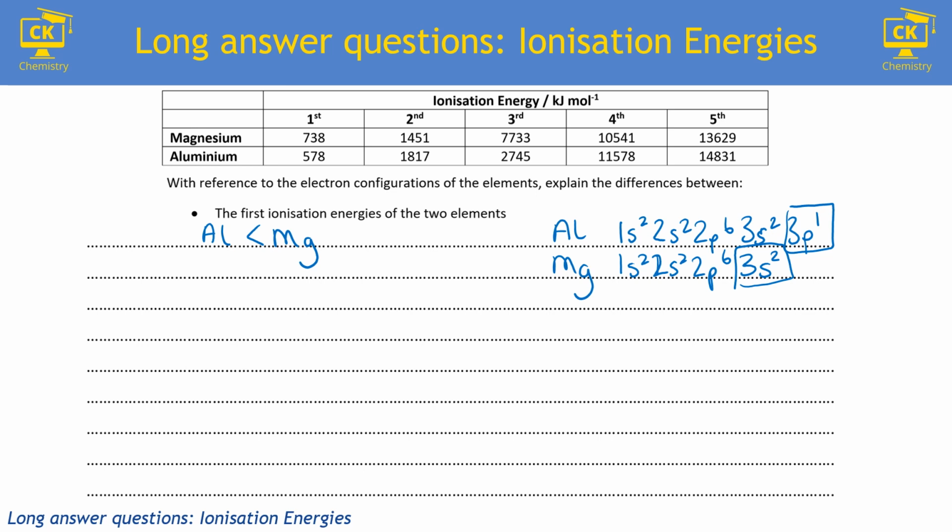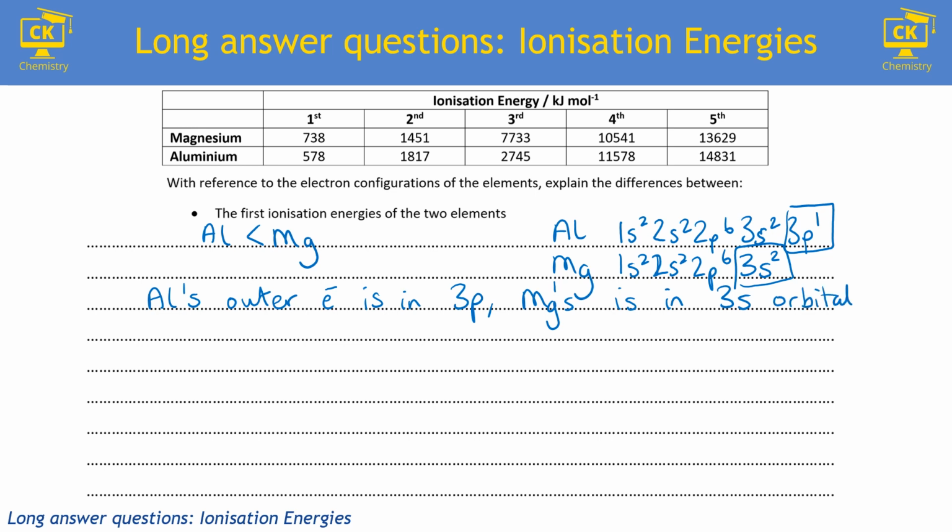So what we're saying is that aluminium's outer electron, do talk about outer, keep putting that word outer in, especially when you're doing first ionization energy, is in 3p, Mg's is in 3s orbital.